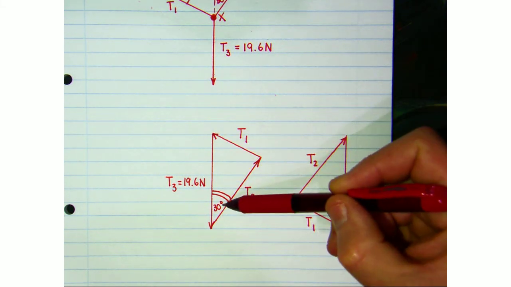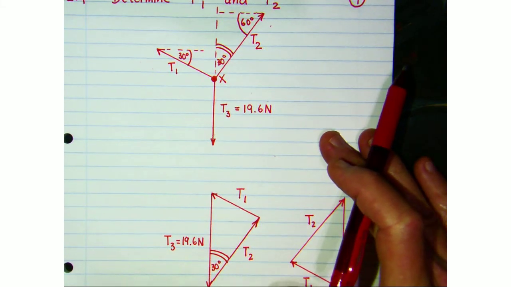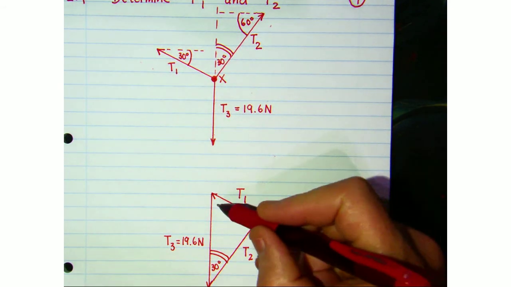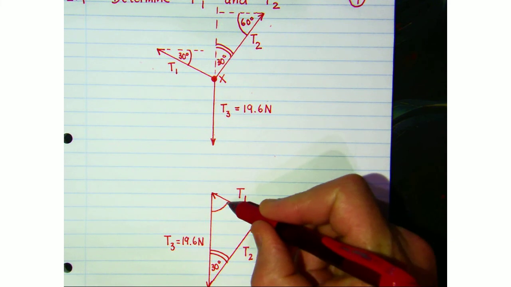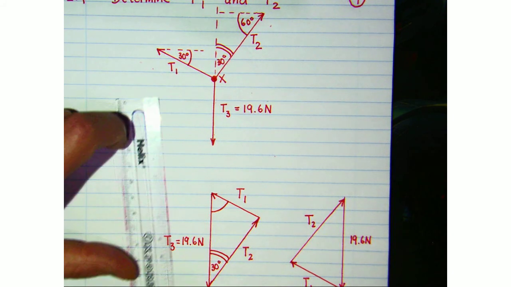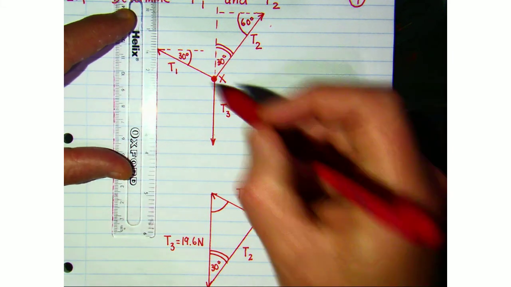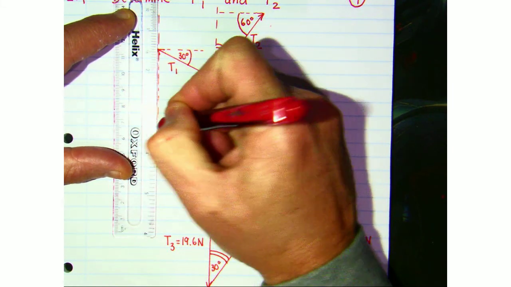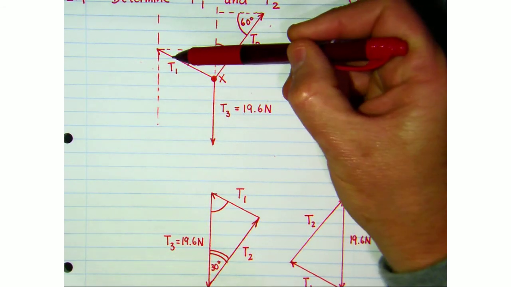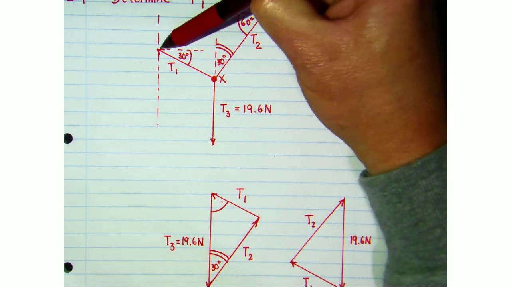We've already determined that this is 30 degrees from our original diagram. What about this angle? So this is where that vertical line is so important. If I draw another vertical line through T1, that's the vertical plane. And then I can see it's the angle between T1 and the vertical.